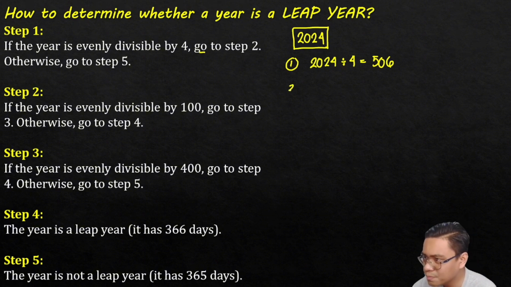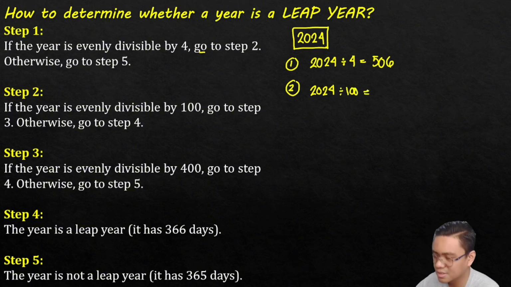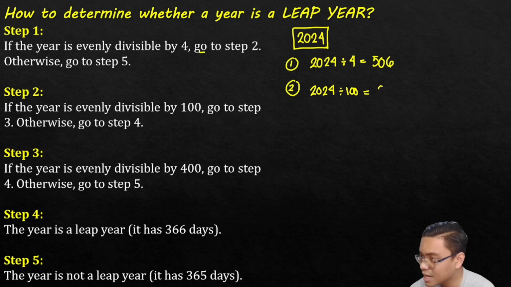Now, sa step 2 po, sabi dito, if the year is evenly divisible by 100, go to step 3. So, try natin ha. Ito yung number natin, 2024. Is it evenly divisible? 2024 divided by 100. Oy, meron ka ng 20.24.